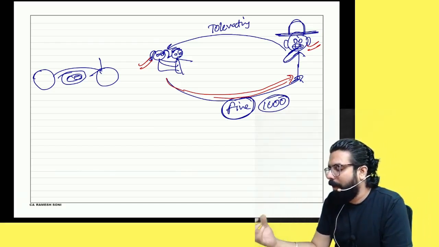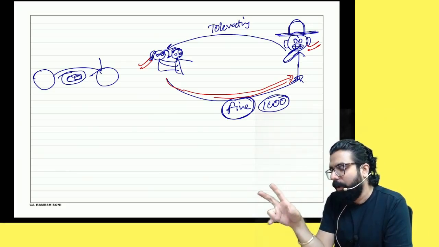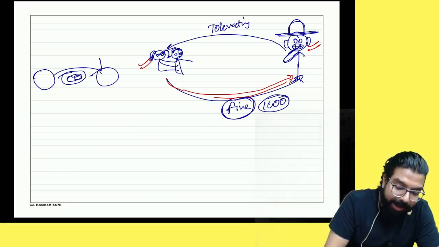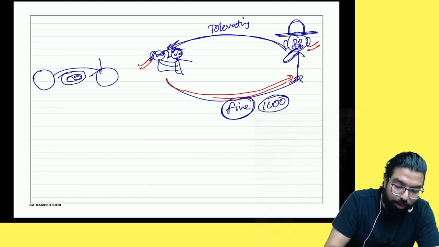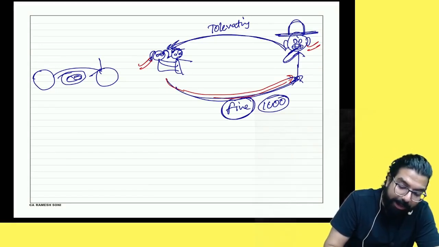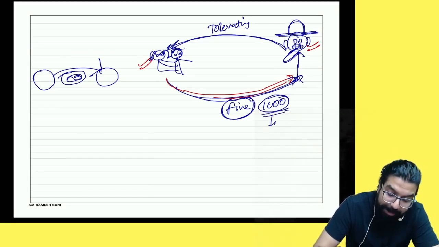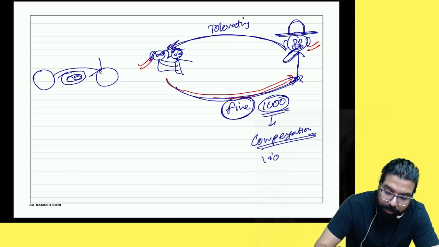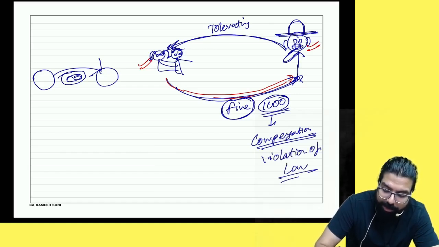Is GST on money or is GST on service? Service. Now tell me, has the policeman given any service to you for which you paid him fine, or is fine a mere flow of money, mere compensation? Compensation for what? For violation of law. Do you guys agree with me?